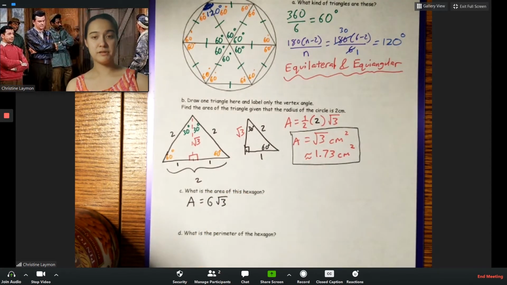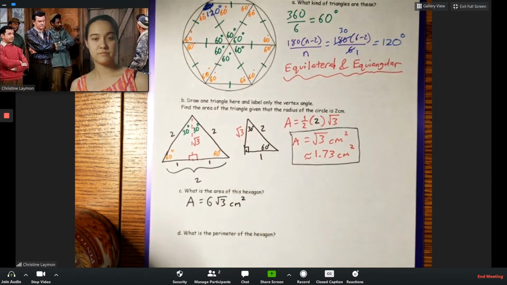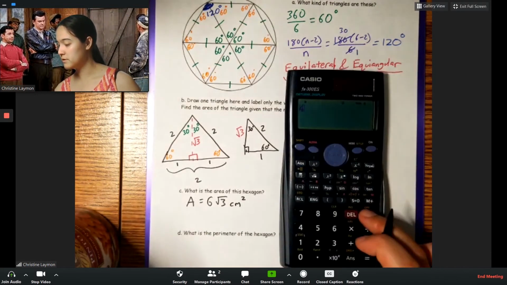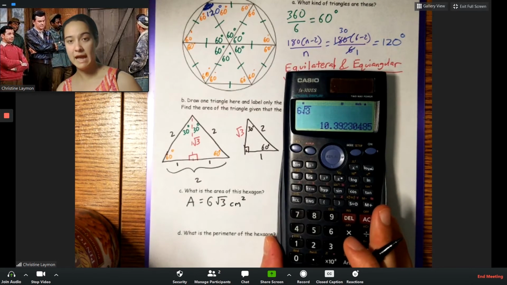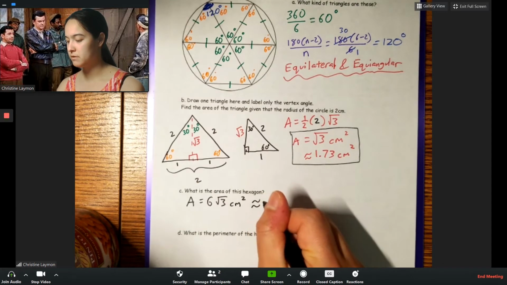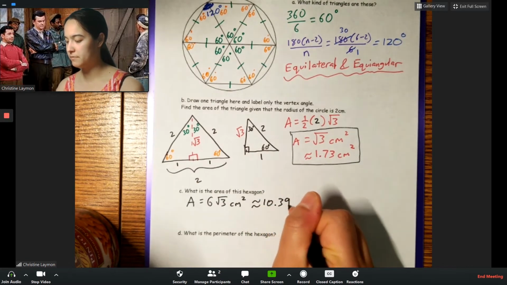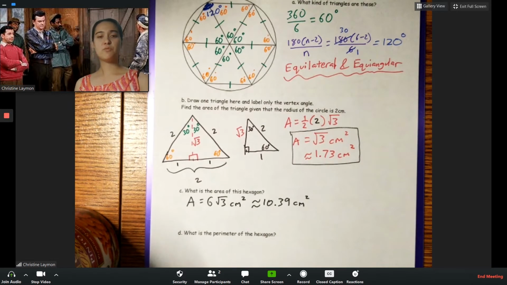And again, these units are centimeters squared. And if you want to get out a decimal, 6 radical 3, 10.39. So this is approximately 10.39 centimeters squared.